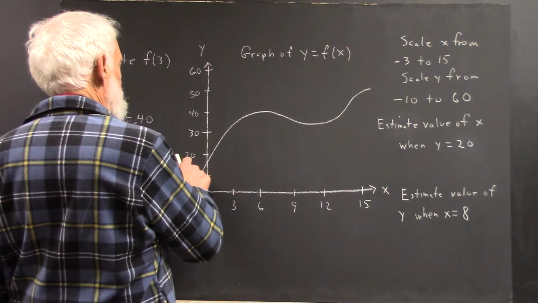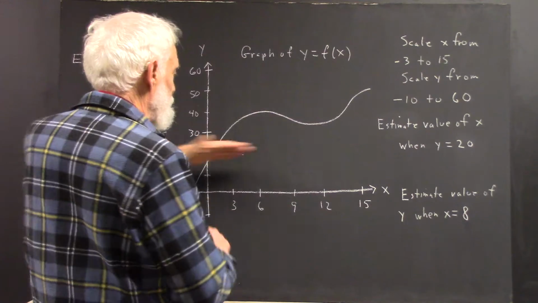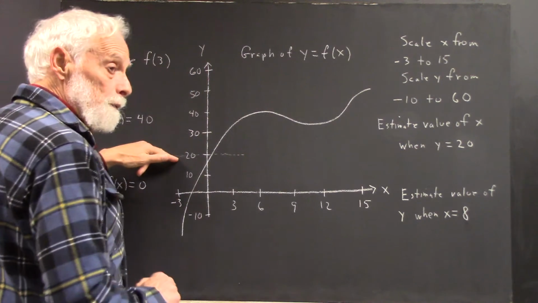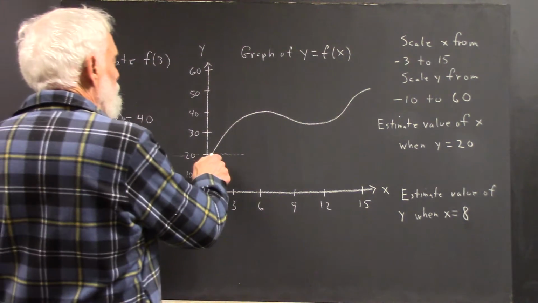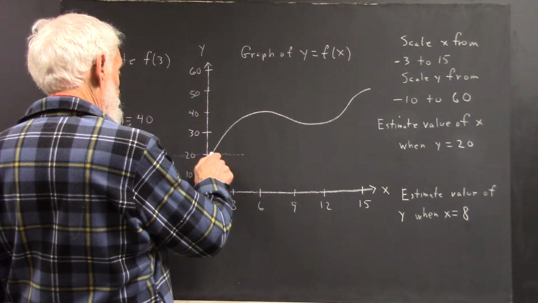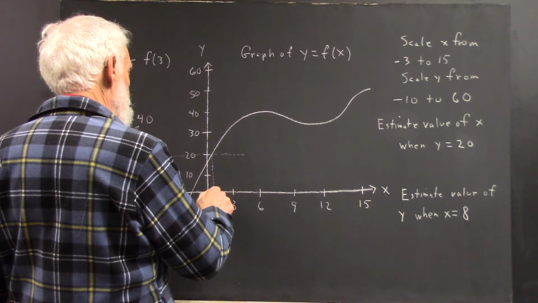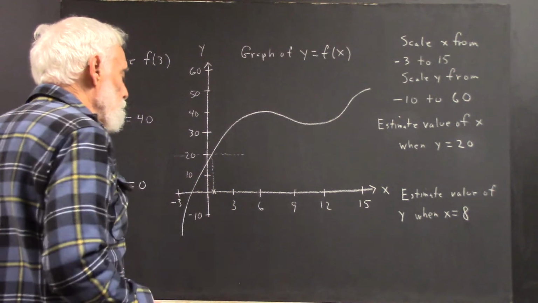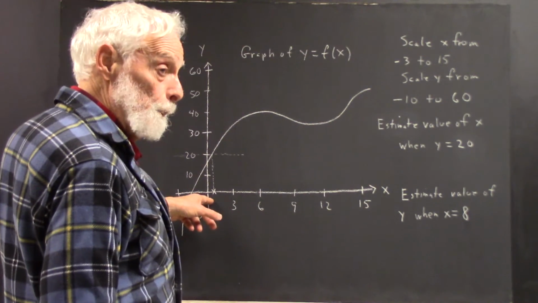Well, y equals 20 everywhere along this horizontal line through the y-axis at 20. Now, we don't have to go far before we hit the graph. And once we hit the graph, we can see what value of x goes with this point. And that looks like a little less than 1.